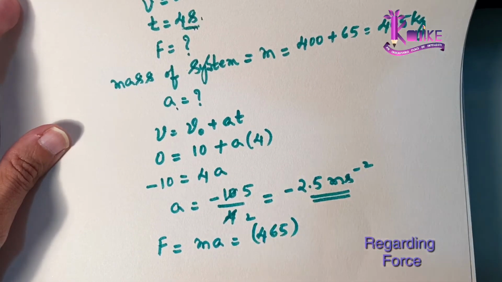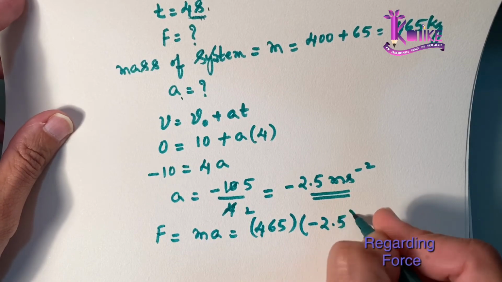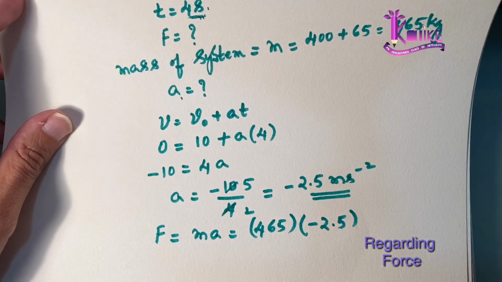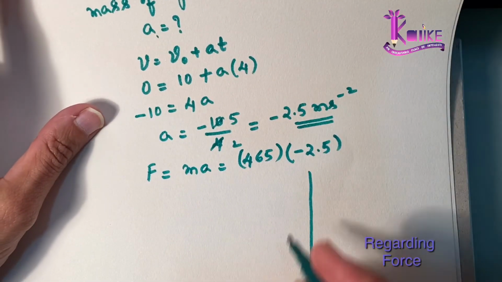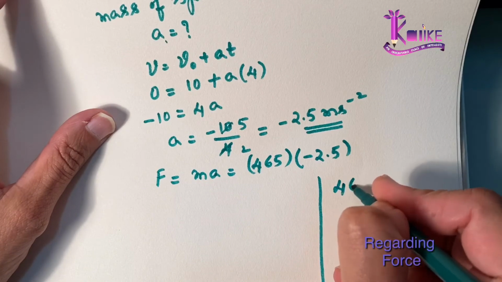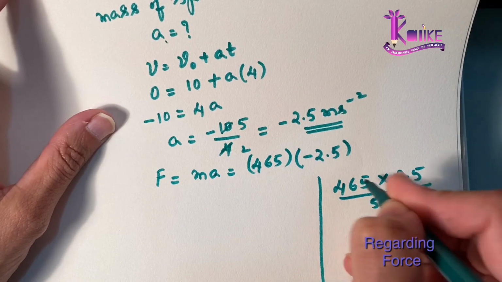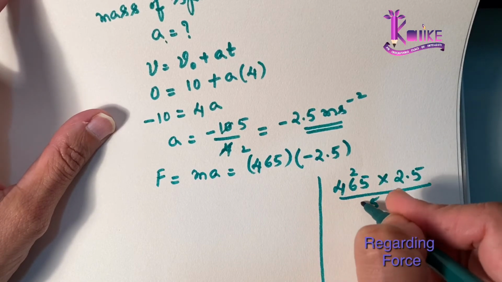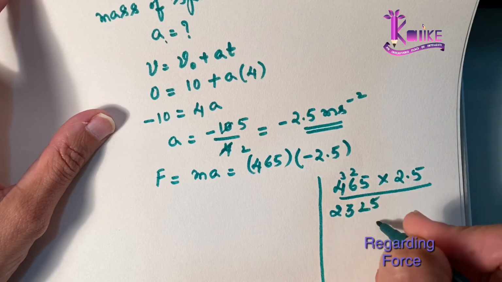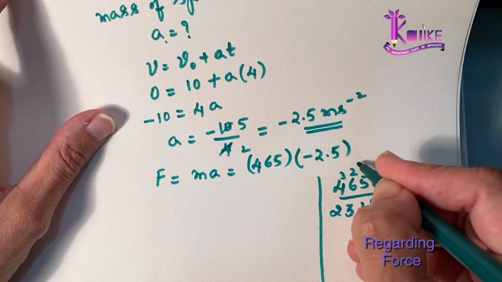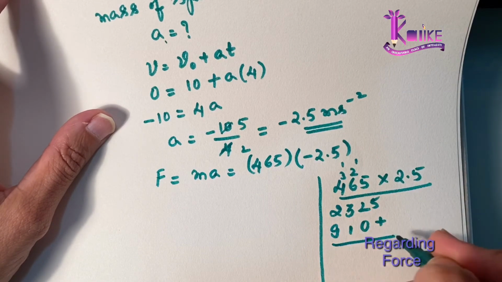How much is m? 465, right, into minus 2.5. So you can just multiply this while I do the calculation on this side. So it is 465 into 2.5. 5 5s are 25, 5 6s are 30, 32, so 5 4s are 20, 23, right, 2 5s are 10, 2 6s are 12, 11, 2 4s are 8, 1, 9.